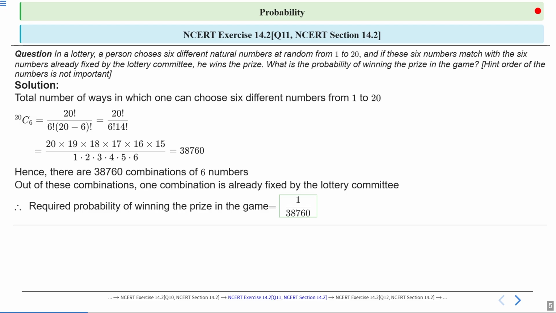So our answer is 1 upon 38,760. Students, I hope it is clear to all of you. Now let us move to the next question.